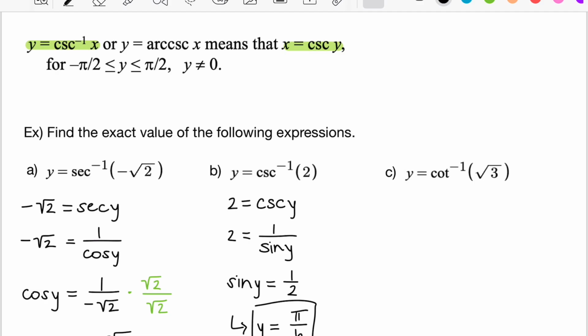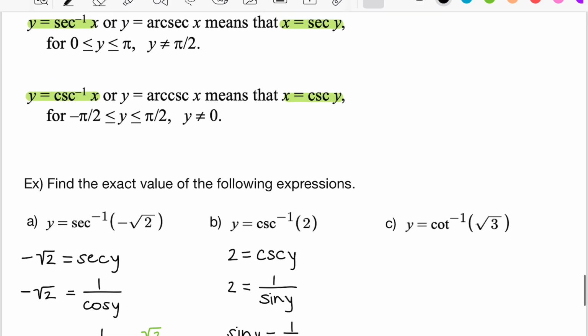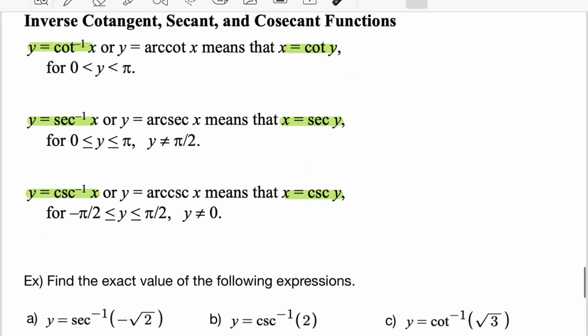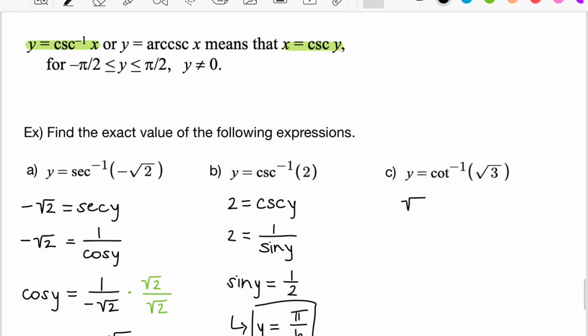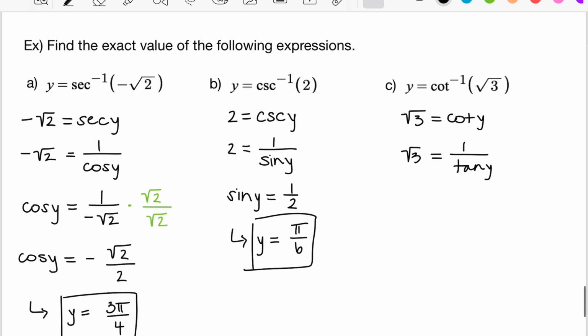And lastly, we have our arc cotangent function here. In this case, x is going to be root 3, so we'll rewrite it using this here. So we have that the square root of 3 is equal to cotangent y. We'll do the same thing that we did in the last couple examples. We know that cotangent is the reciprocal of tangent of y, and this is just cosine of y over sine of y.